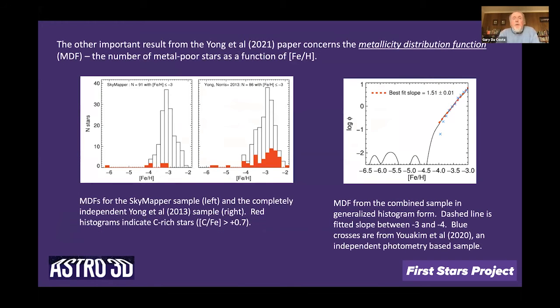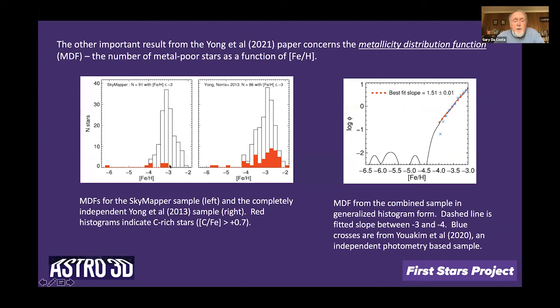The other point that I want to make from David's paper concerns the metallicity distribution function. In the panels here, on the first side, you see the data from the SkyMapper sample, and on this one, an earlier study David had done with John Norris. Now, these are completely independent samples, but in both cases, you see a very steep decline in the metallicity distribution function as metallicity decreases.